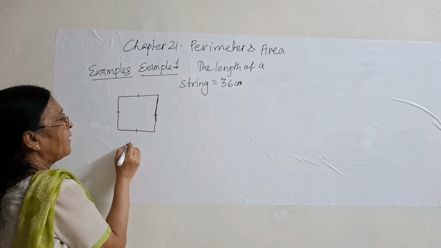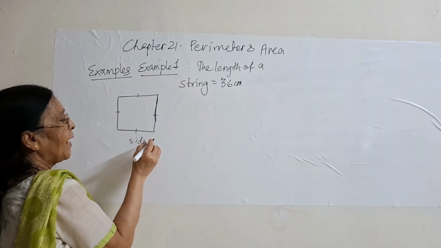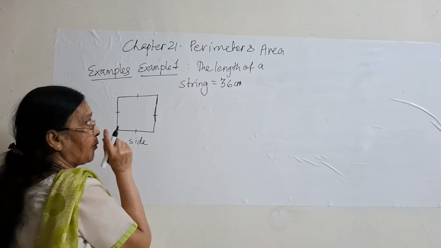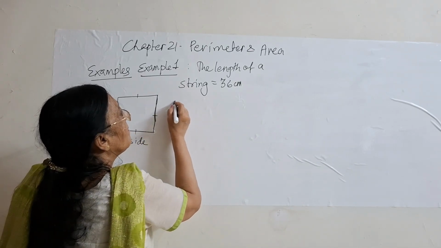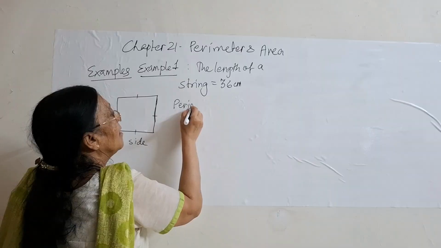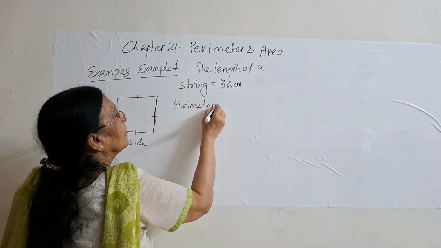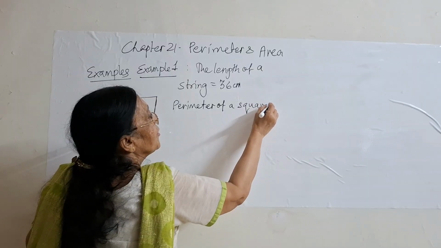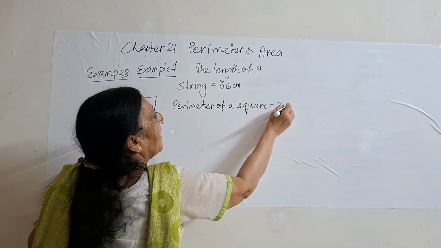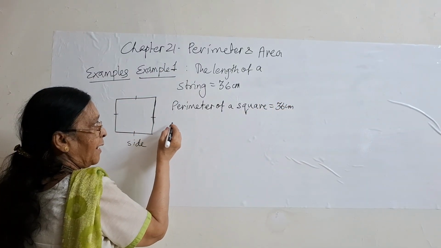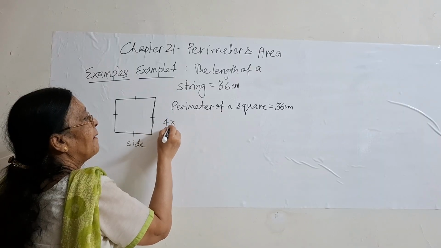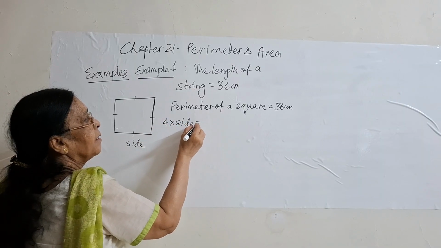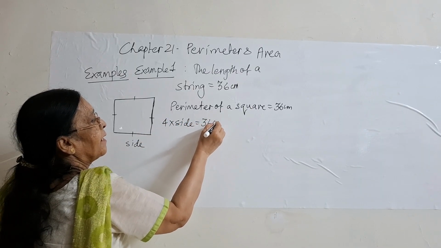You all know that all the sides are equal in a square. So here the perimeter of a square should be equal to 36 centimeters, and therefore 4 multiplied by side equals 36 centimeters.